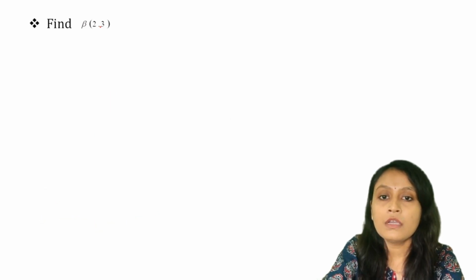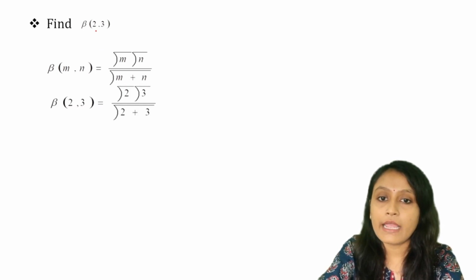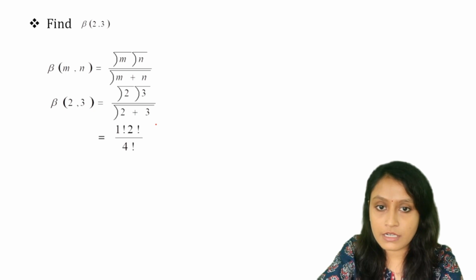Now let's solve one example. Find β(2, 3). We know the formula β(m, n) is equal to Γ(m) into Γ(n) upon Γ(m+n). Here m is 2 and n is 3, so β(2, 3) is equal to Γ(2) into Γ(3) upon Γ(2+3).